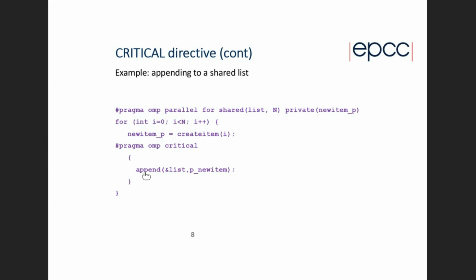So that depends on really the relative execution times of this function and this append. So if this create item function is really expensive compared to this, then I will still get some useful parallelism.